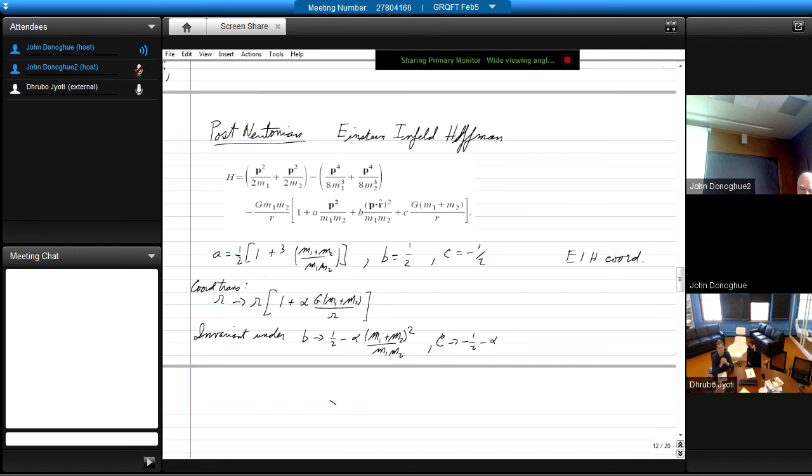You can see that one. And A goes to 1/2 times (1 plus 3 plus 2 alpha) times this factor (M1 plus M2) over M1 M2.